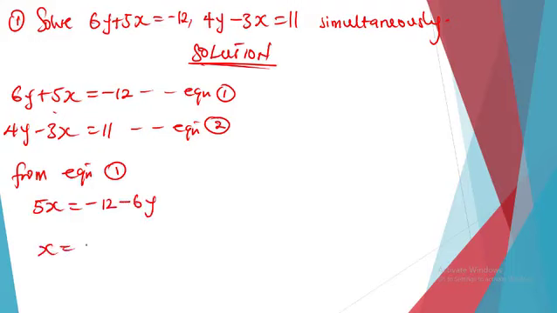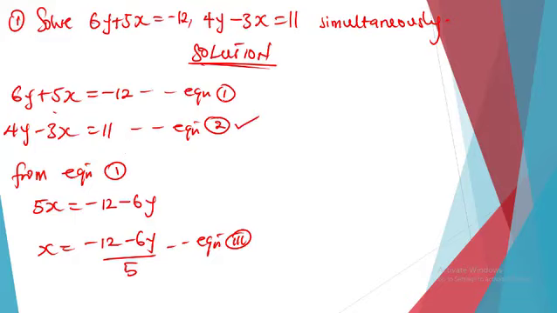Therefore, x is equal to minus 12 minus 6y all over 5. We call this equation 3. Now we've gotten the value of x, so we'll now substitute the value of x in equation 2.